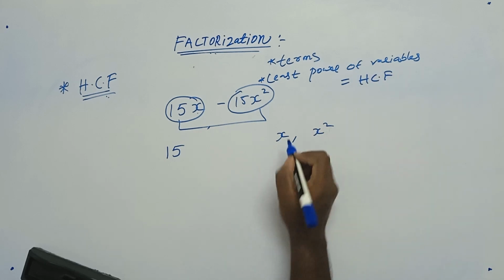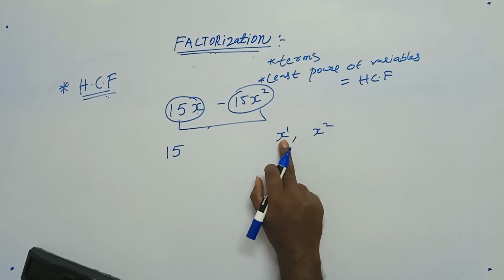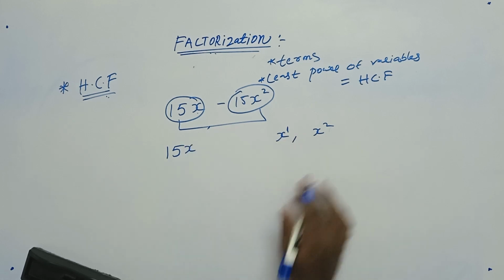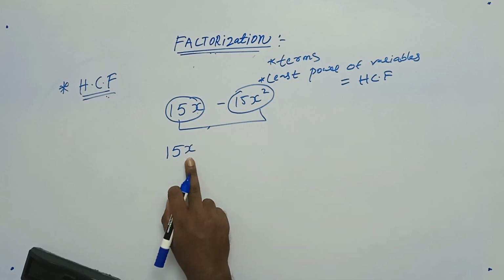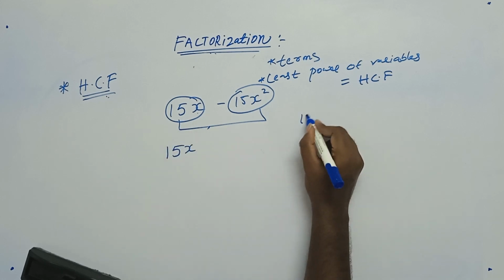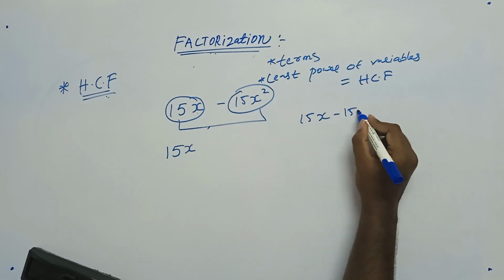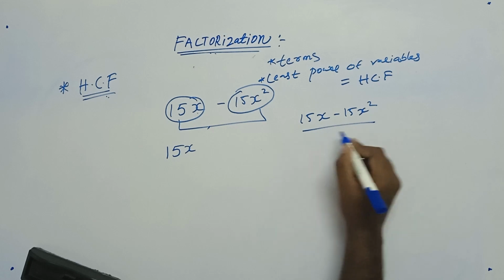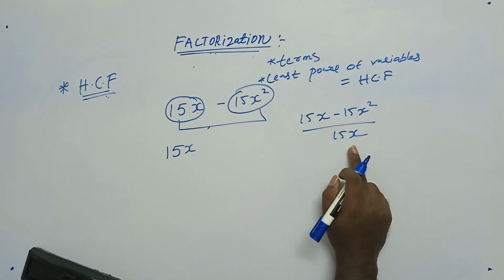So the least power: here it is x power 1, and here x power 2. What is the least power? x power 1. So we write x. So the HCF is 15x. We are going to divide the given expression 15x minus 15x square by our HCF 15x.